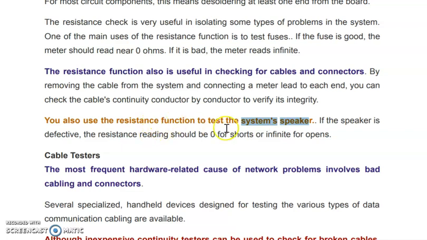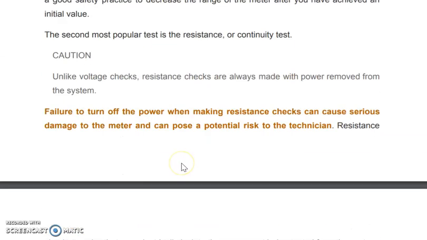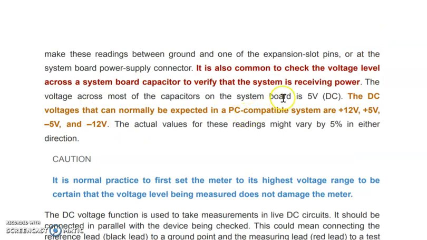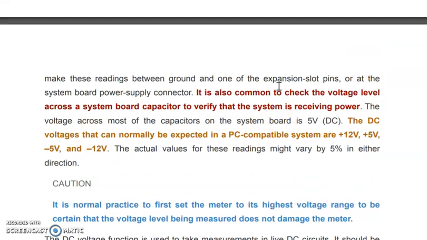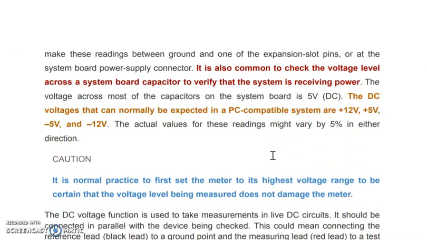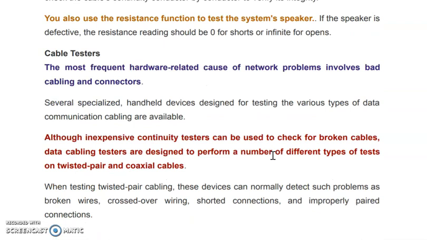The resistor function is used to check the cables and connectors, whether they are conducting data properly or not, the system speaker, and even the fuses. And the voltage level is used for checking whether the power supply, that is the SMPS board, is functioning properly or not. So this is about the multimeter.